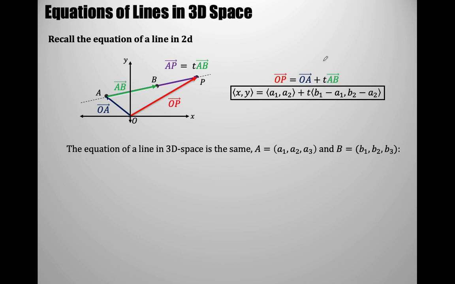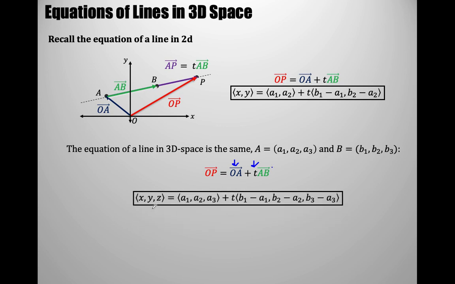So in 3 dimensions, it's really no different. It still is the same issue of creating this equation where you've got a multiplier of a line segment, and this is your initial point. Remember, we talk about this being the initial condition and AB being the direction vector.